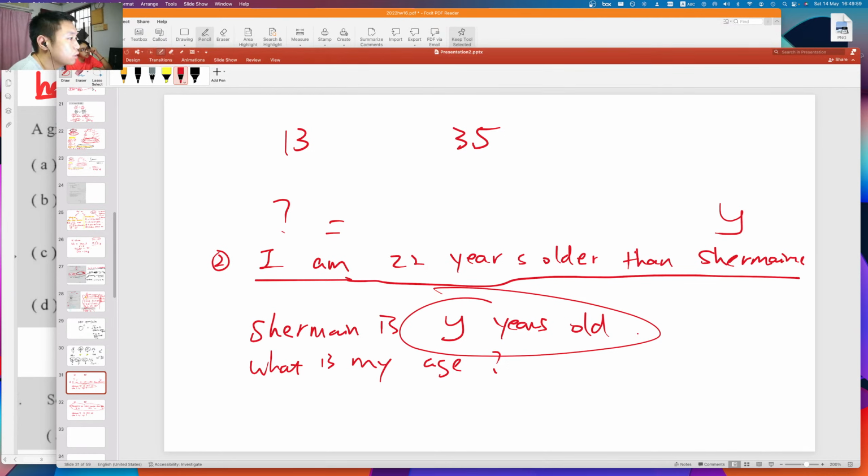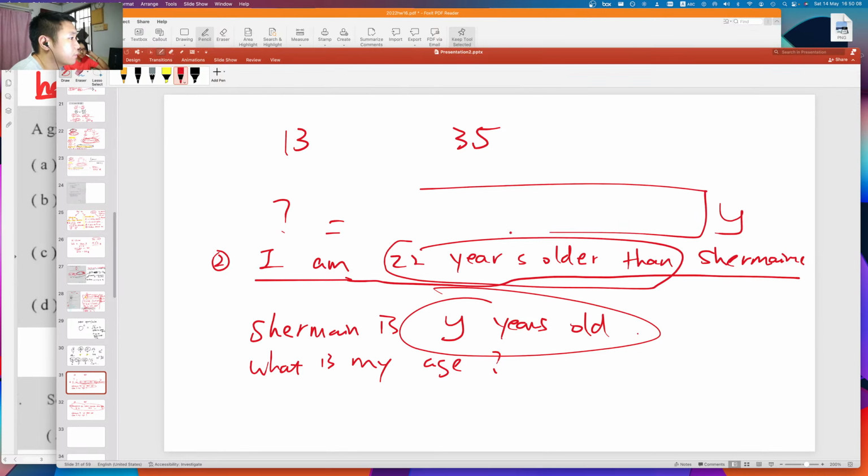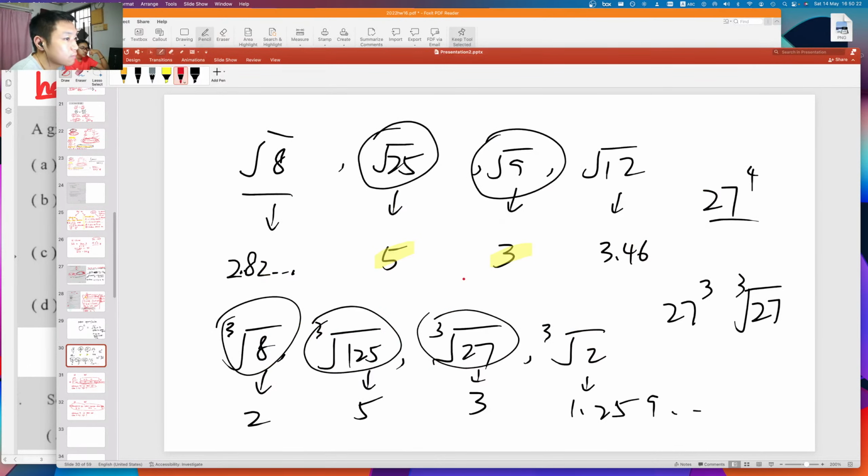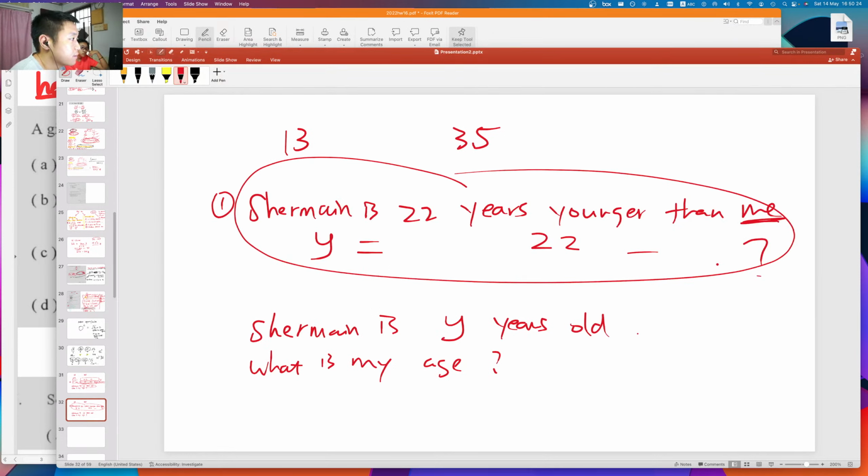So 22 years older than Y. What should you fill up here? 22 plus Y. So which one is easier to digest? Because for the second, they straight away give you the question mark equal. But for the first statement, they never give you question mark equal. Is it harder or not?